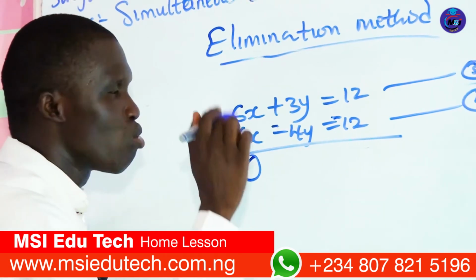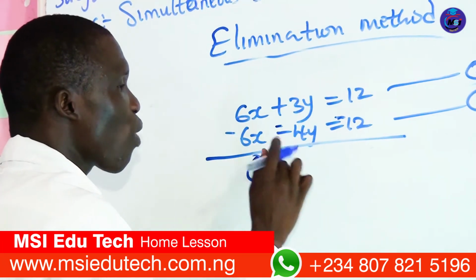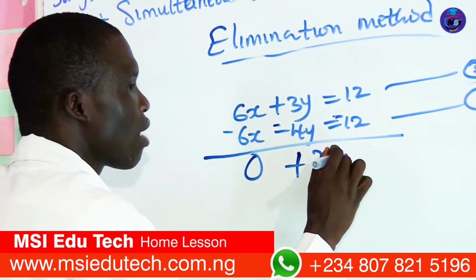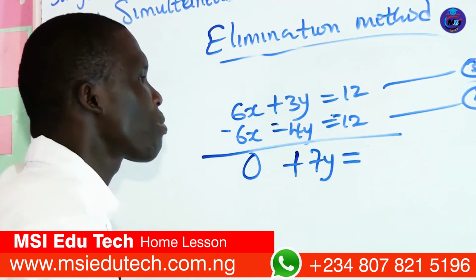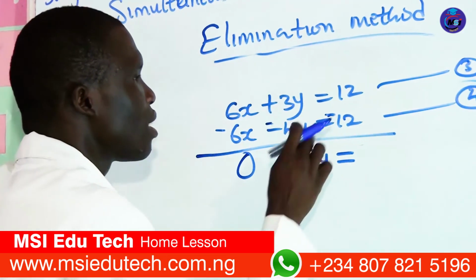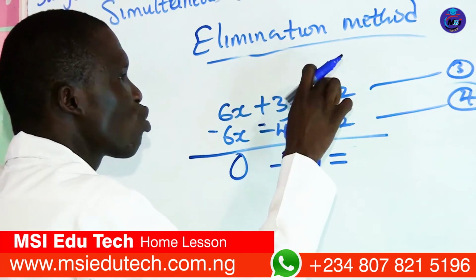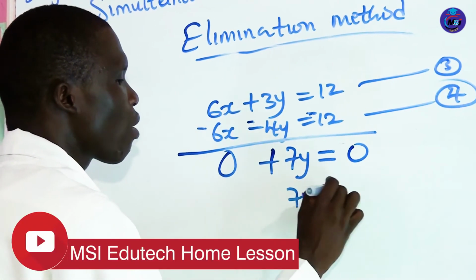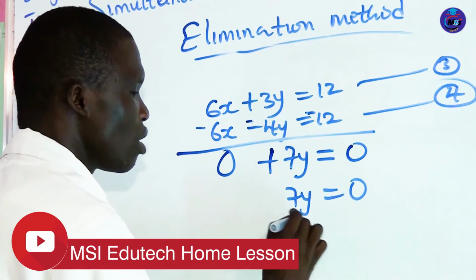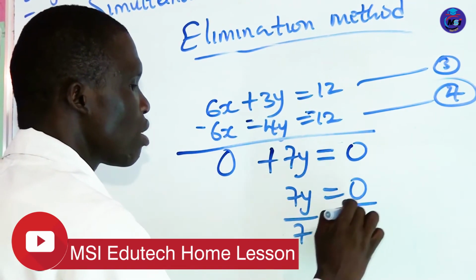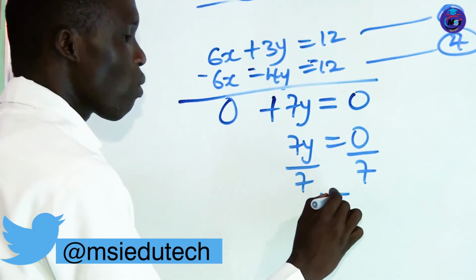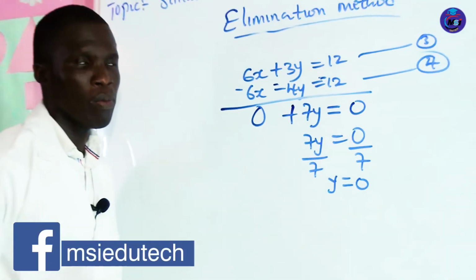Remember the sign rule. 3 plus 4 will give us 7y equals to, okay, this is minus, 12 minus 12 will give us 0. 7y will be equals to 0. Divide both sides by 7. If you do that, y will give you 0.